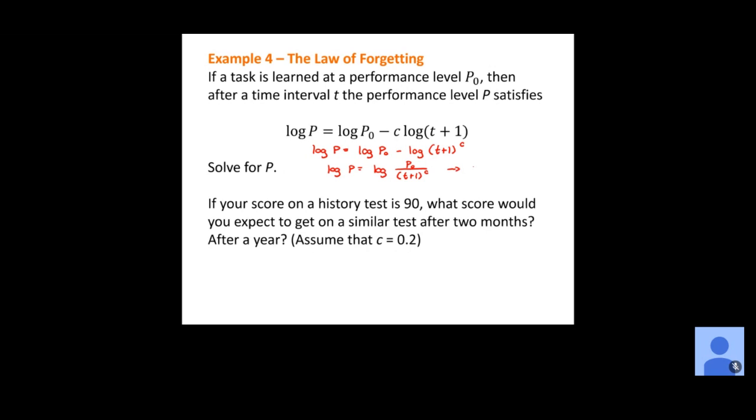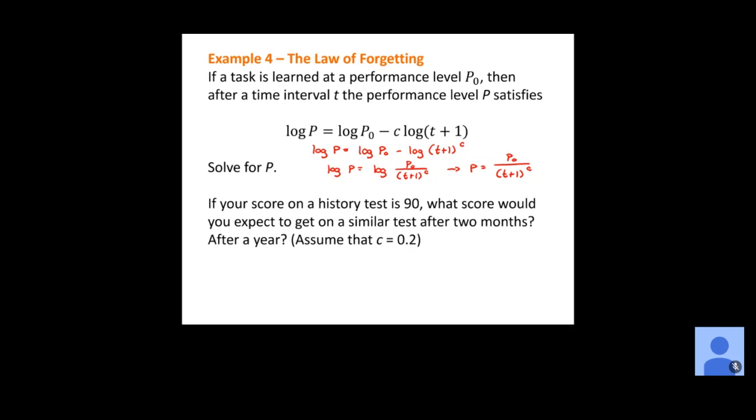So this tells us that P is equal to P sub 0 over T plus 1 to the C power. Once we get it down to a log on one side and a log on the other side, the stuff inside each of those logs has to be equal to each other. So we've answered that first part, we've solved for P.